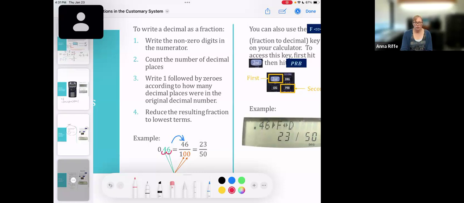I am going to make the denominator of this fraction 1, followed by 2 zeros for the number of decimal places that I moved it. So at that point, we have it in fractional form. We can then reduce by dividing the numerator and the denominator by 2, giving us 25/50. Questions on that?